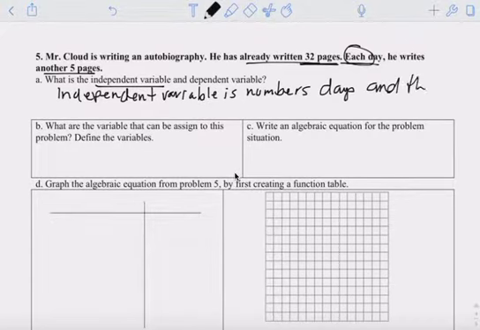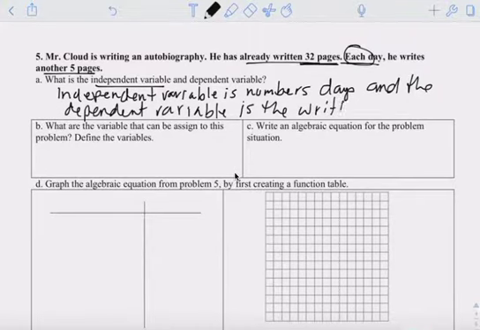The dependent variable is the outcome, the number of pages written, or whichever way you say it best.